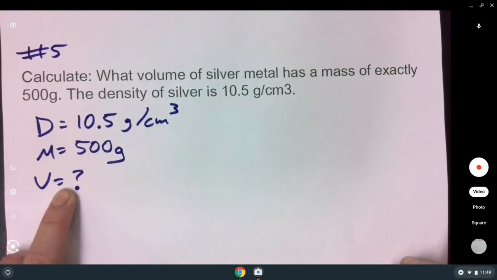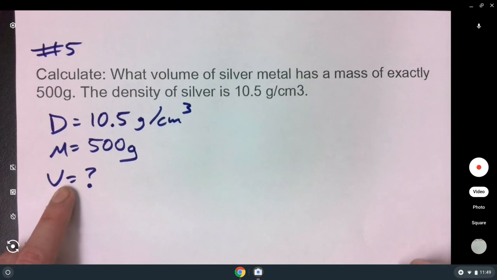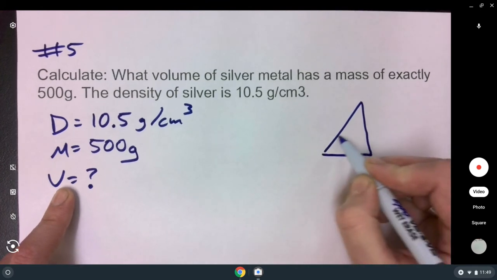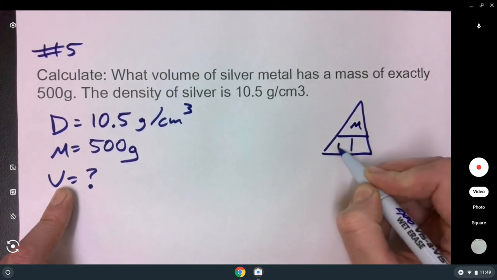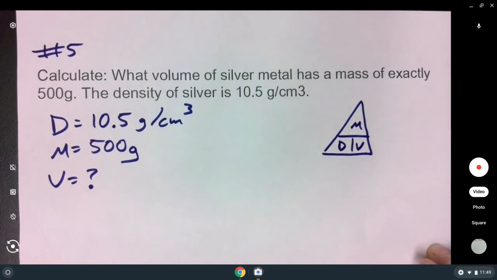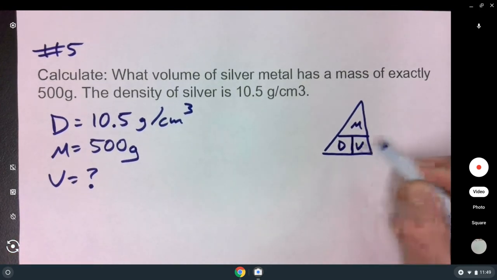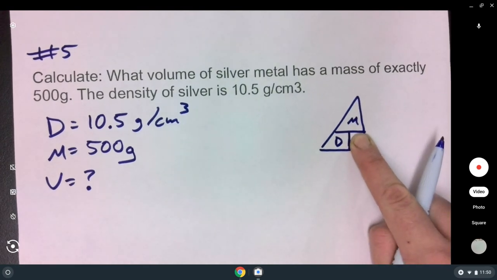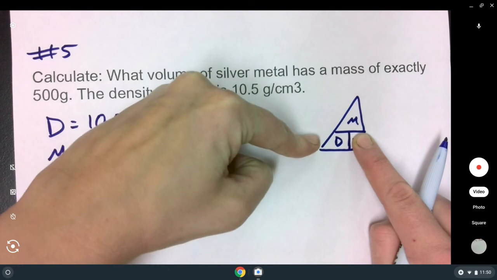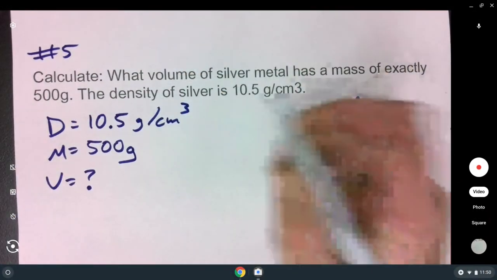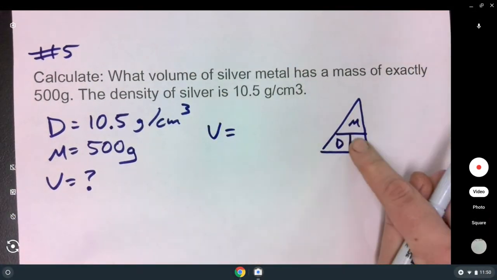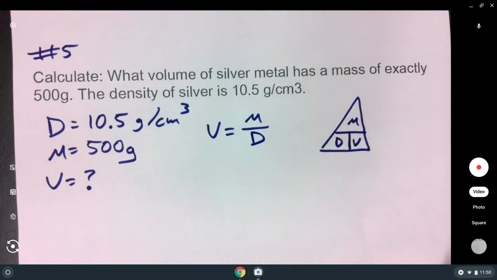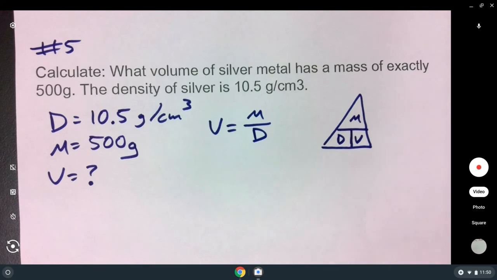Again, we need to figure out what formula to use to solve for volume, right? So mass, density, volume. Since we are solving for volume, we're going to cover up the V in our triangle, and we're left with M over D. So our formula is V equals M over D. Okay, so let's go ahead and plug in.